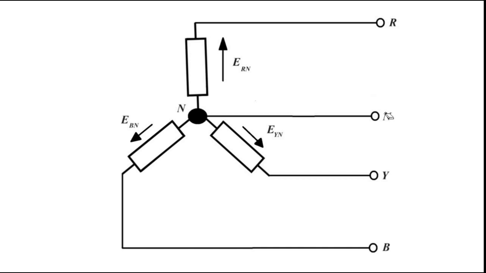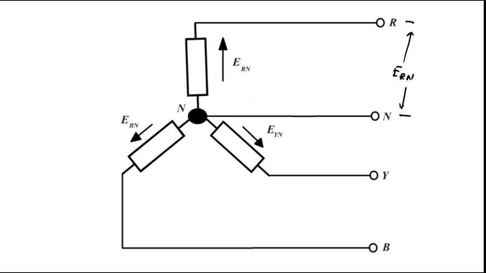Now the thing that you need to understand first is these voltages ERN, EYN, EBN, which are the voltage between a particular line and neutral. This is ERN.